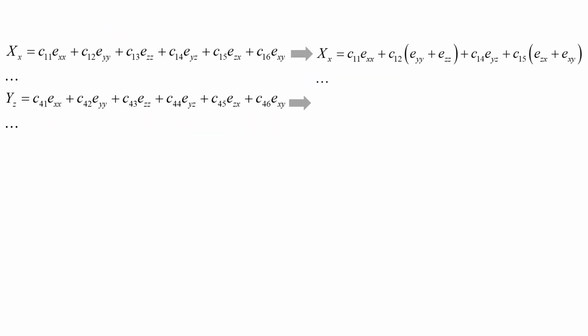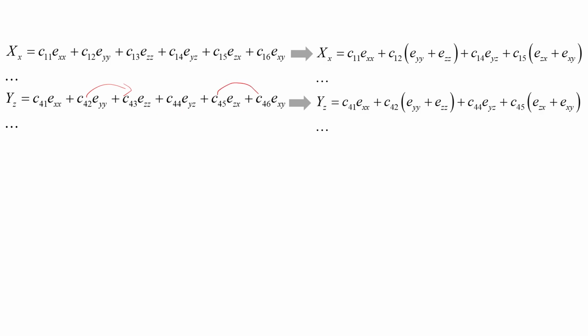Then suppose that we have σyz, this particular relation. Over here again, y and z are equivalent with respect to x. So, it should be C41 εxx, and C42 and C43 should be equal. C44 εyz is fine, and these two terms, C45 and C46, should also be equal. So, we should have C41 εxx plus C42 times (εyy plus εzz), because C42 and C43 are equal, since y and z are equivalent with respect to x, plus C44 εyz, that is fine.